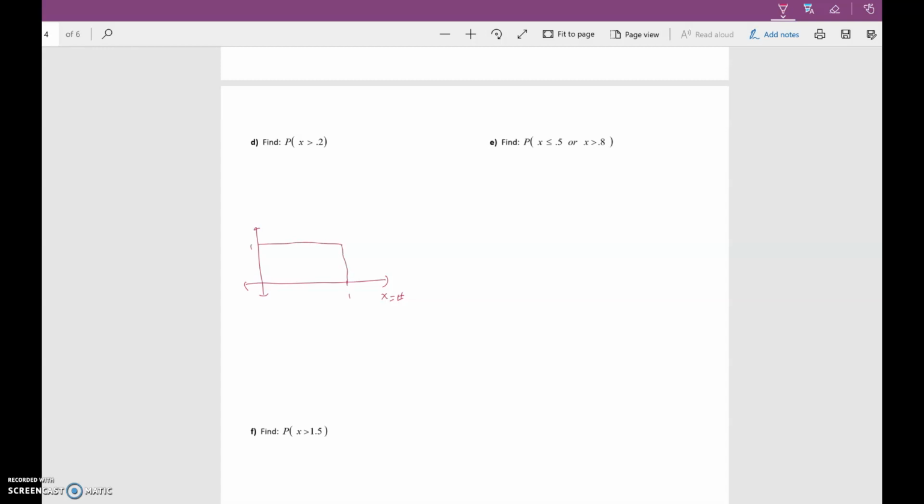This is 1. This is our p of x. And then this is 0.2. So the area in the region above 0.2 happens to be 0.8. So the probability of this one is going to be 0.8 times 1, which is equal to 0.8.